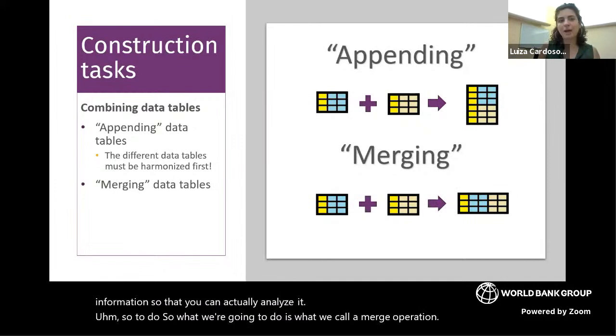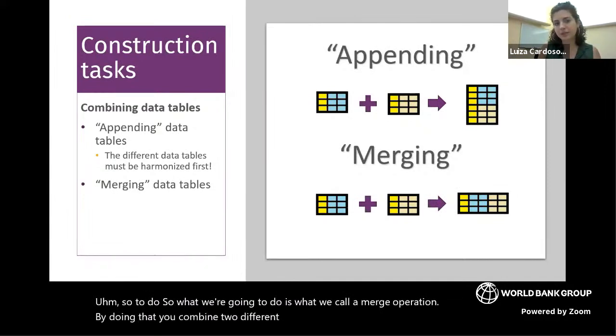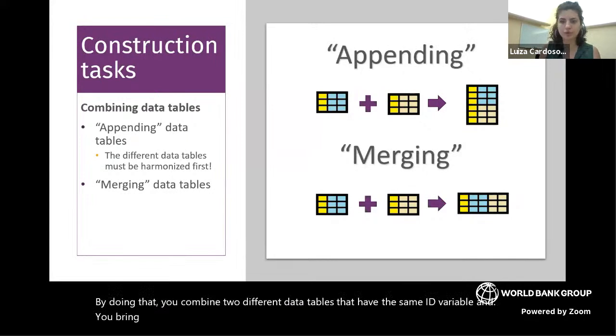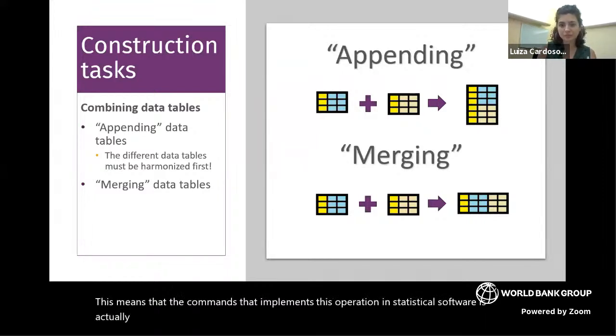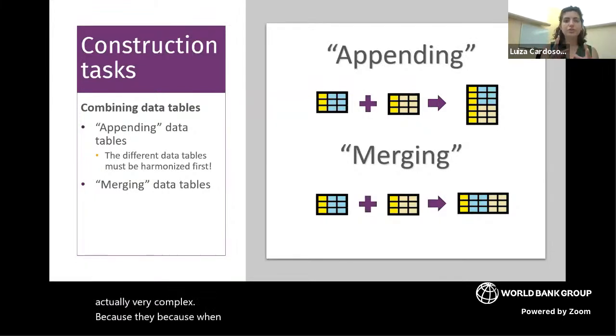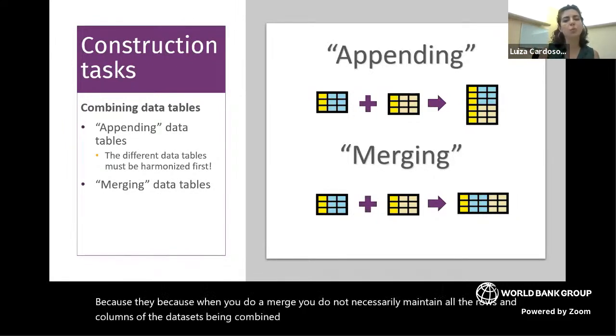By doing that, you combine two different data tables that have the same ID variable, and you bring columns from one data table to another. This means that the command that implements this operation in statistical software is actually very complex, because when you do a merge, you do not necessarily maintain all the rows and columns of the data sets being combined, and sometimes you don't even want to do that.